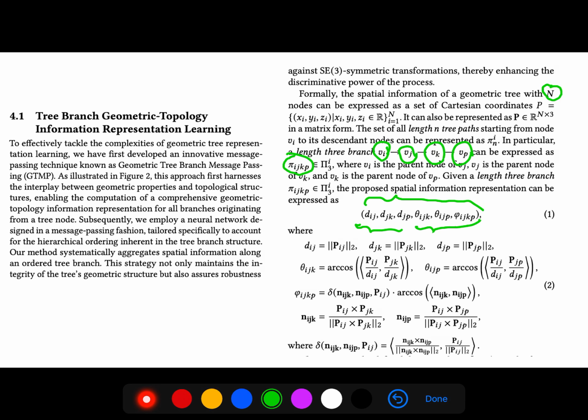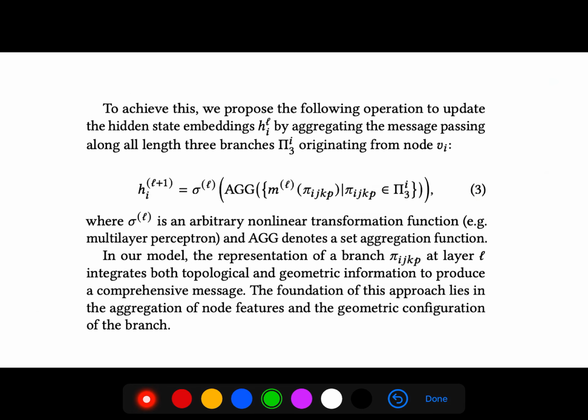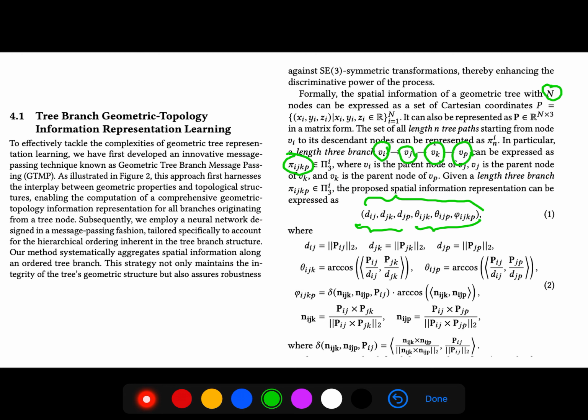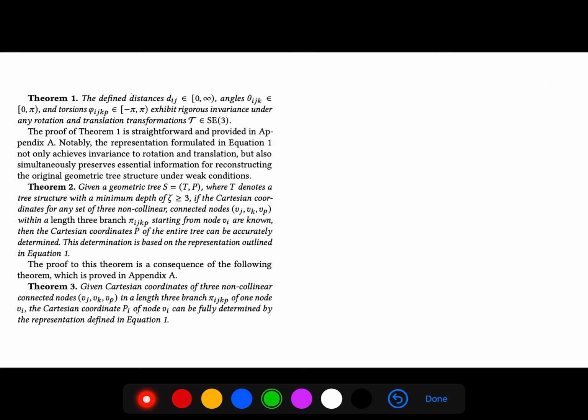So for example, theta, of course we have a picture, we will show that. But this is the way that we can encode this spatial information. The defined distances, angles and torsions exhibit rigorous invariance under any rotation and translation transformation.